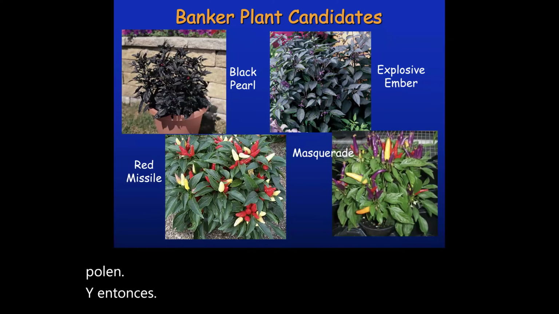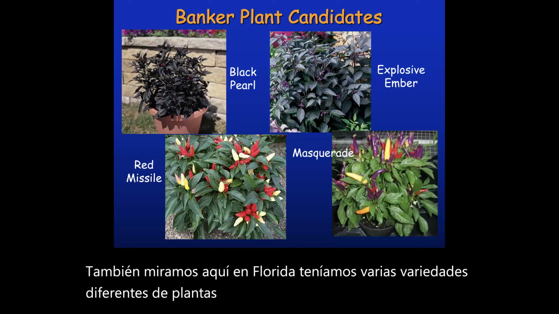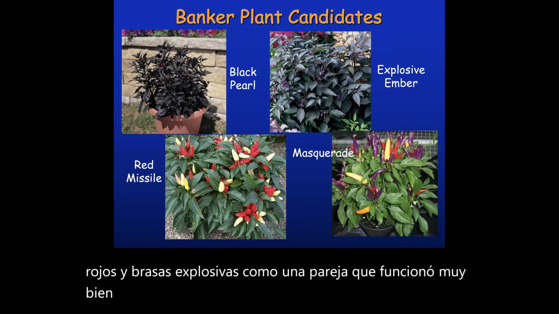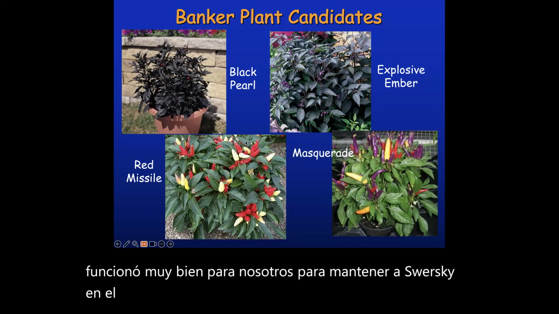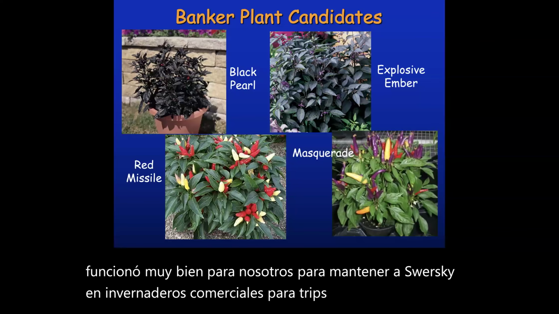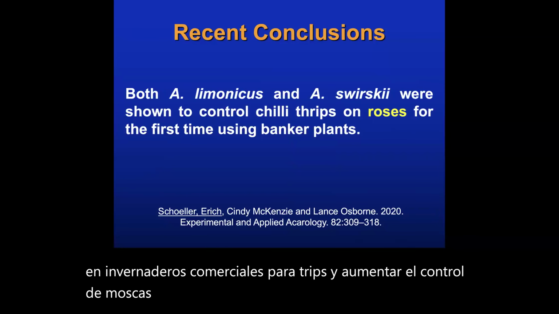And so we also looked down here in Florida at a number of different varieties of plants, and we've settled with red missile and explosive ember as a couple that work really well for us to maintain Swirskii in commercial greenhouses for thrips and augmenting control of whiteflies with the predatory mites.